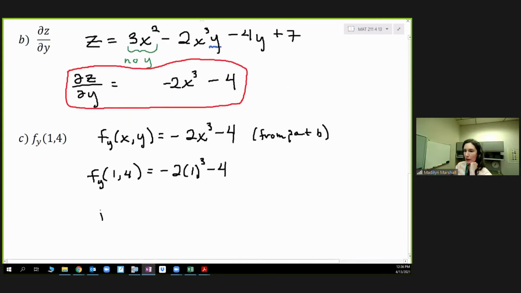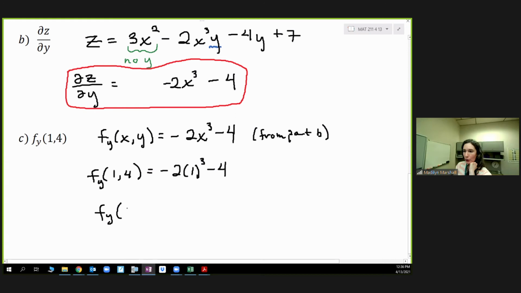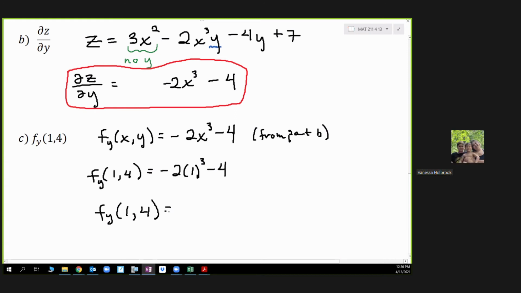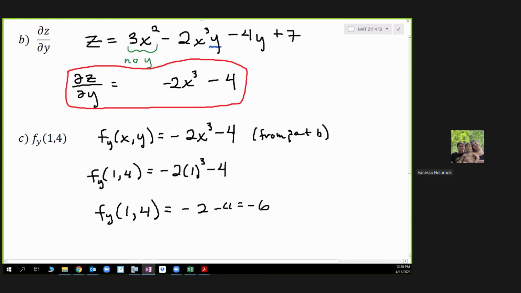And so now, -12. No. Nope, sorry. I did that 2 cubed. Yeah, so just the one is cubed, so really we have -2, -4, -6. Yeah, exactly.